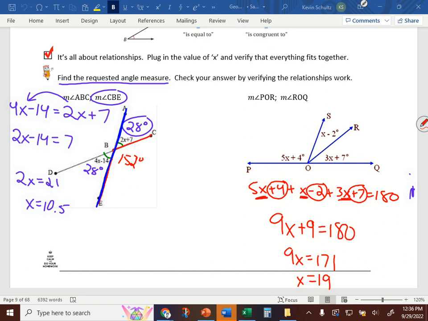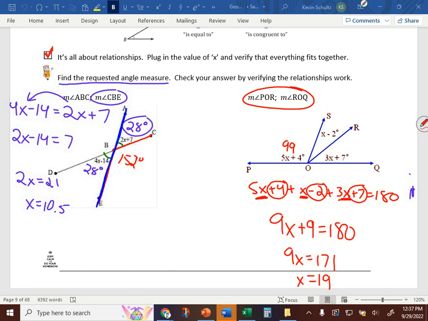Okay? However, the question you are being asked to solve for are these angle measures here. So if x is 19, what's the measure of angle POS here? 99. 5 times 19 plus 4, by plugging 19 in for x.